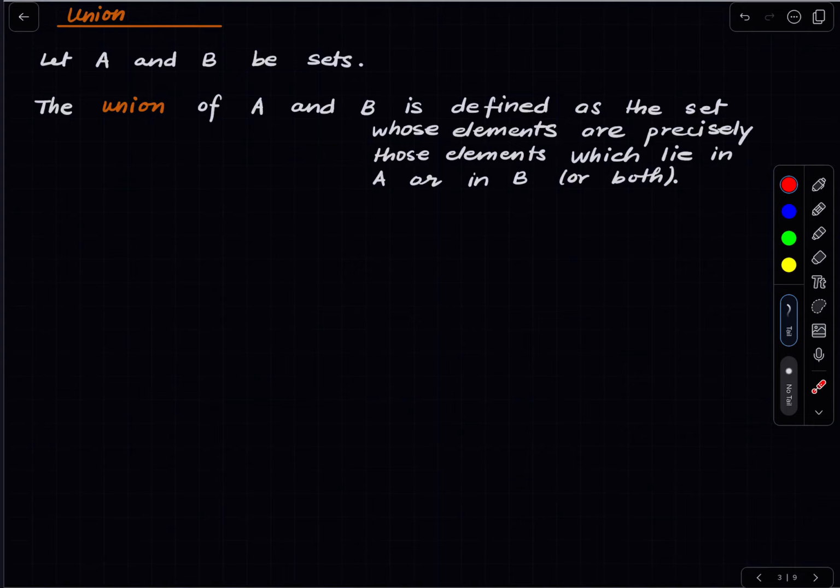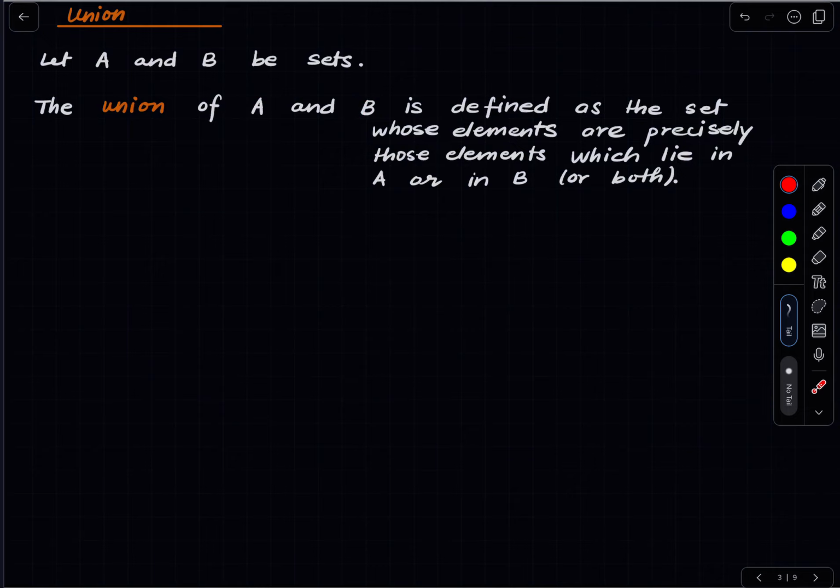So what are the elements that lie in the union of A and B? The ones which are in A, the ones which are in B. And this is a logical OR. So we are not saying the ones which are in A and B both. We are saying the ones which are in A or the ones which are in B. Alright?